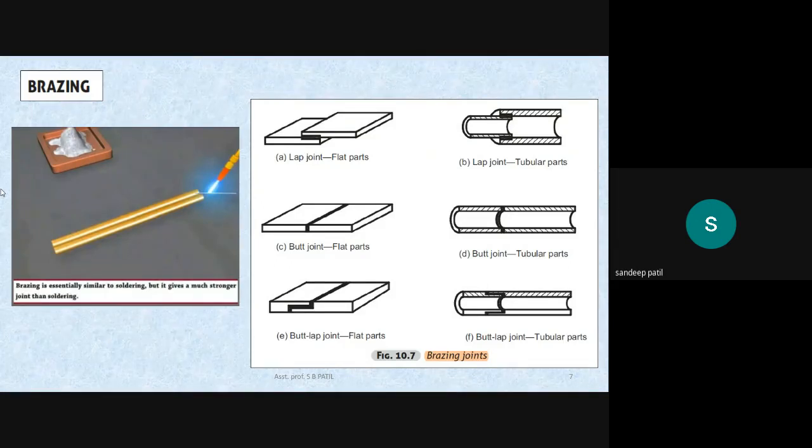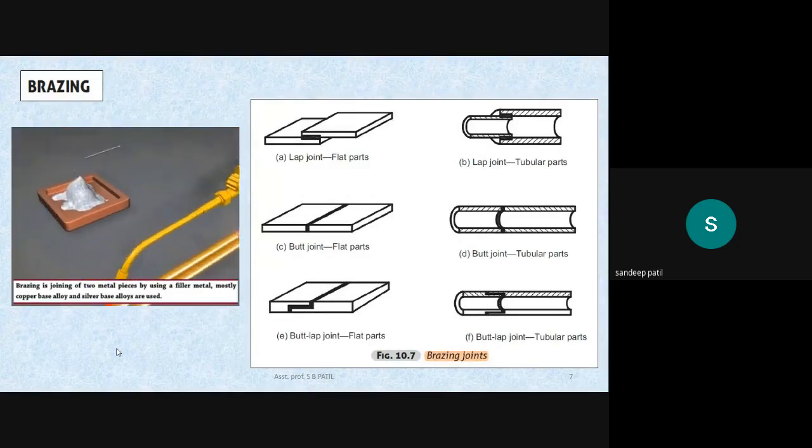So here brazing is essentially similar to soldering, but it gives a much stronger joint than soldering. For that we require a flux material, a welding torch, the filler rod and the workpiece. Brazing is a joining of two metal pieces by using a filler metal. Mostly copper based alloys and silver based alloys are used.